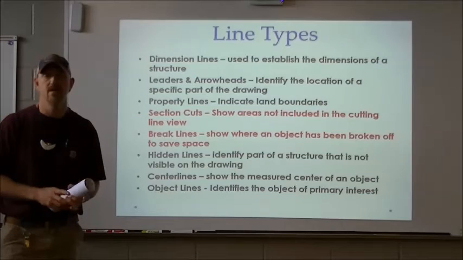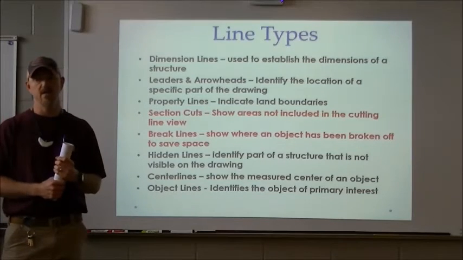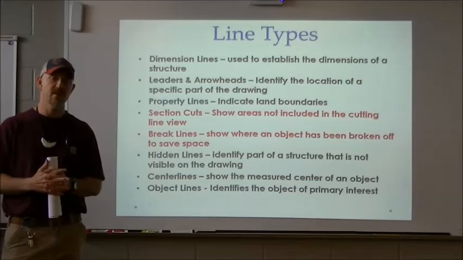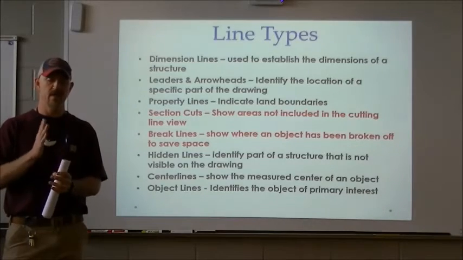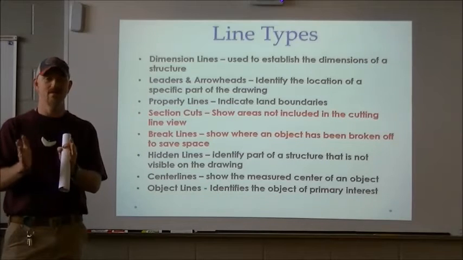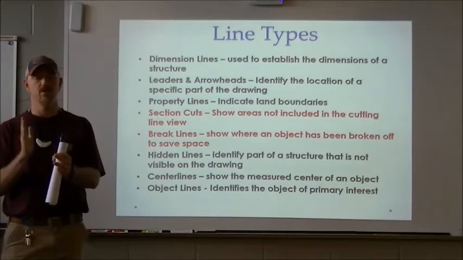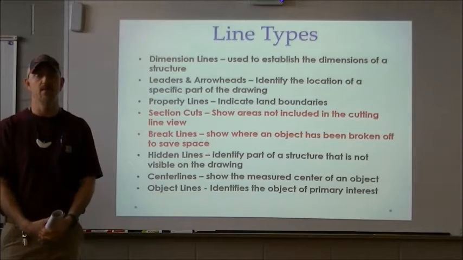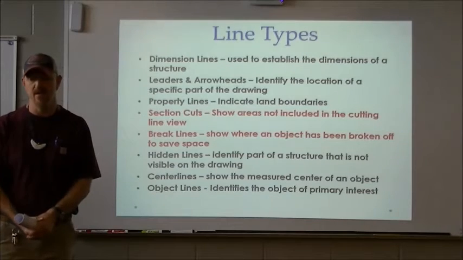Property lines indicate the boundaries of the drawing. Section cuts, we talked about sections earlier, indicate where a drawing is being referred to by another drawing, like you cut part of it away and look into the inside of it.